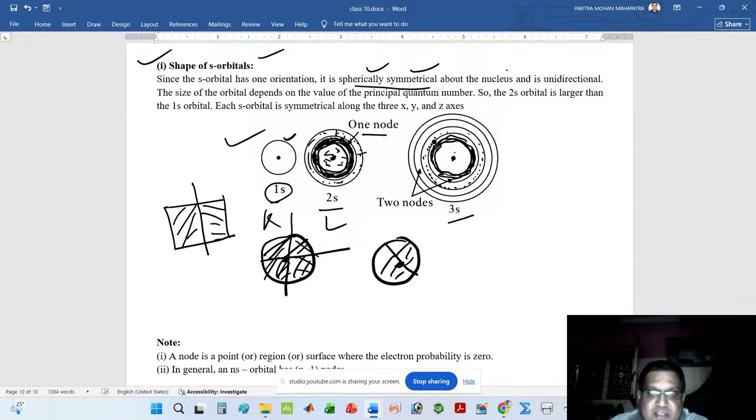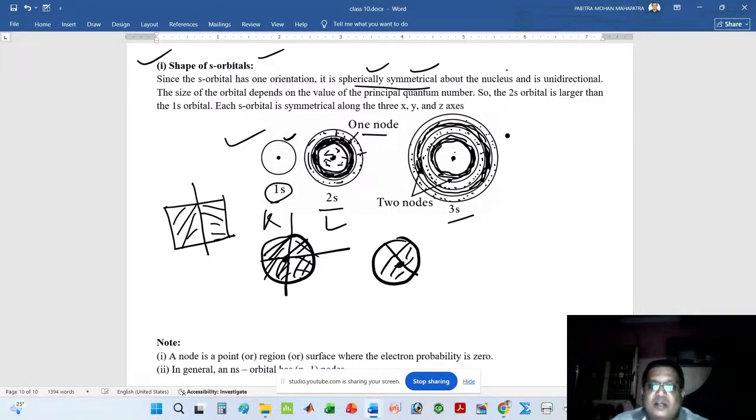Here the 2s electron will be found. Next, this is the node again. There is a separation between 2s and 3s. Here no electron will be found. This is also a node. Next, this region is said to be the 3s. Here the 3s electron will be found.